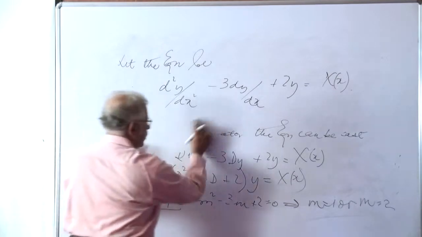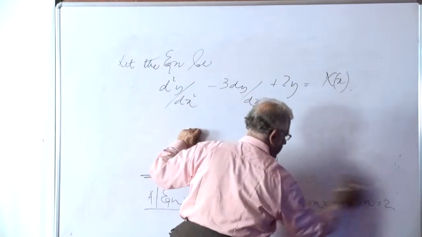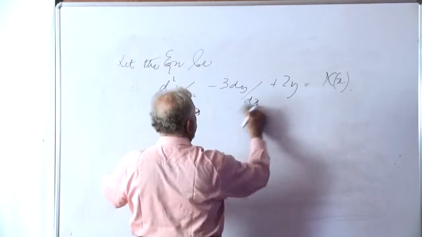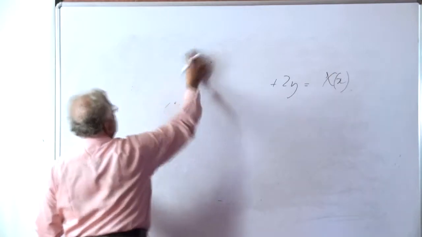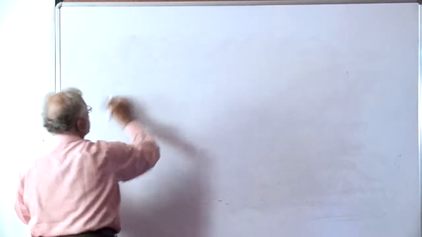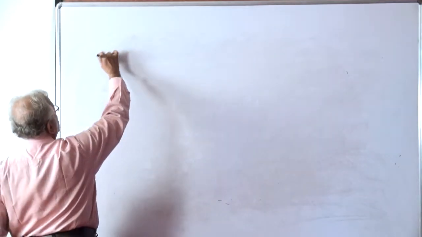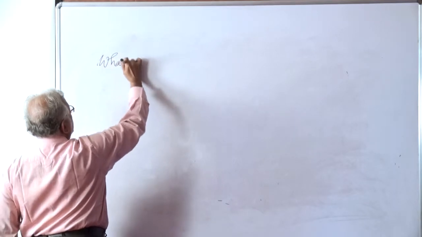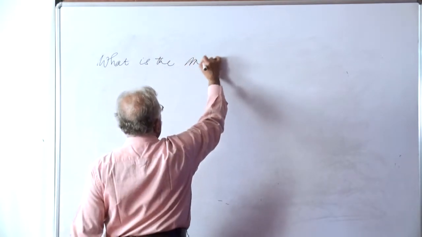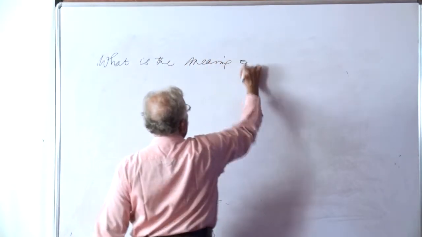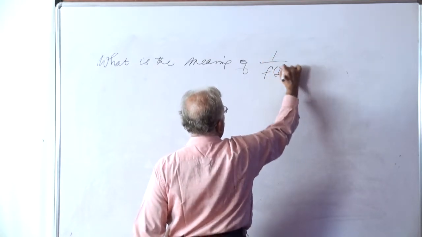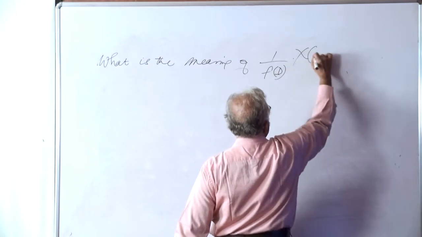Now, the caution part that I was talking of is as follows. What is the meaning of 1 by f(D) operating on a function of x?